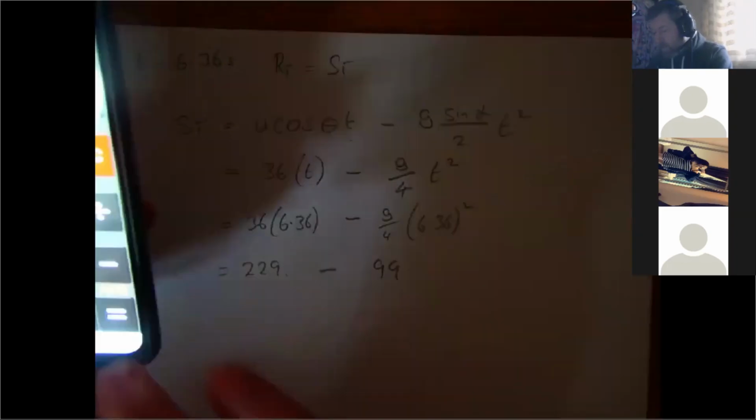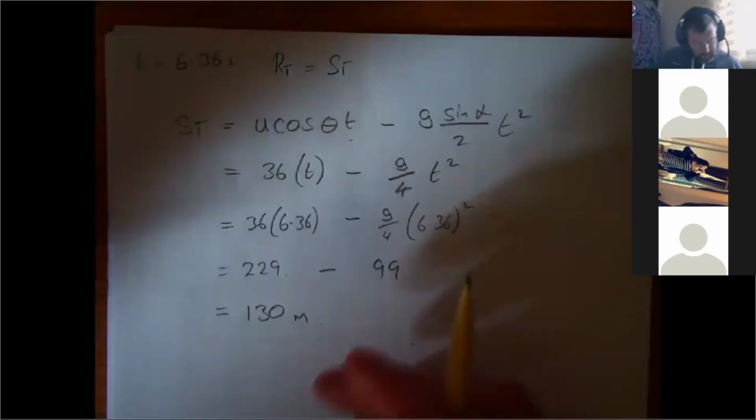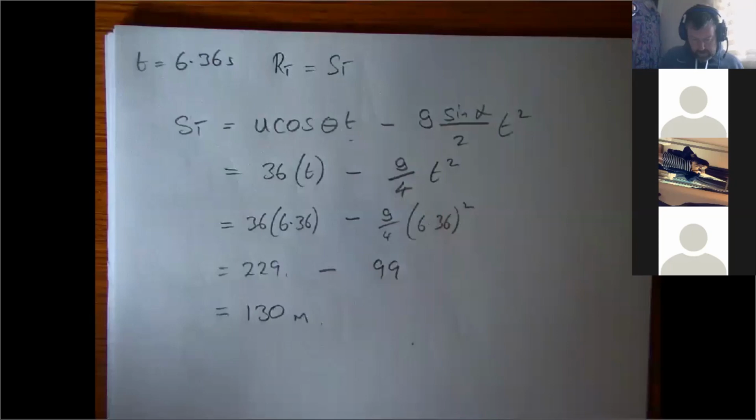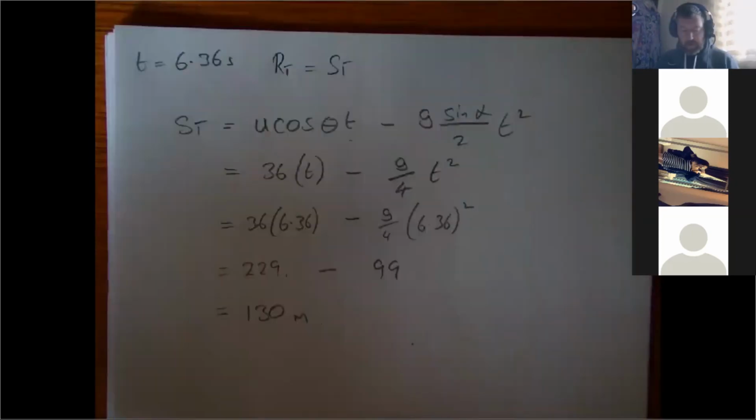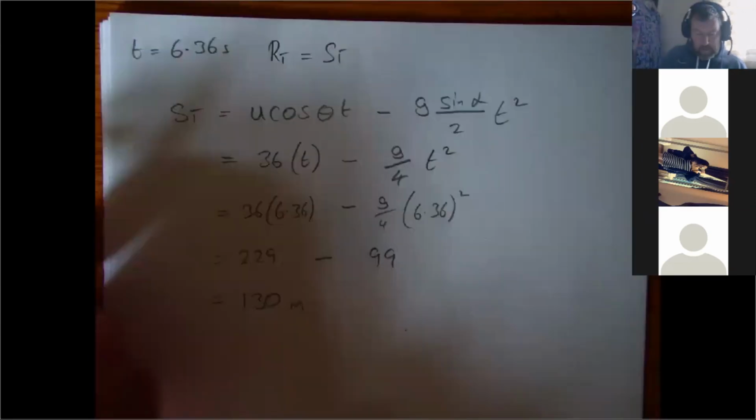So that gives me a total of 130 meters. And that, I'm hoping, is the right answer. Yeah, 129.9 is what they're giving us in the book. I should have not rounded, but I'm not too upset about it.